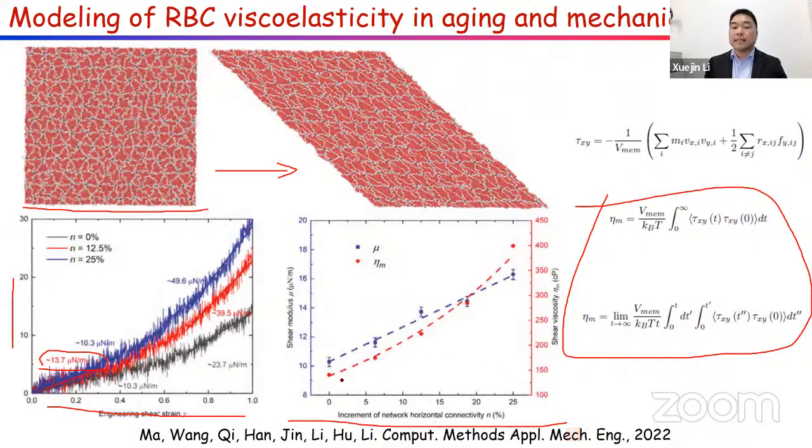It shows that the shear modulus increased from 10 to 16 with cell aging, and the membrane viscosity increased from about 150 to 400 with cell aging. So we can confirm that the cell membrane becomes stiffer and more viscous with cell aging.